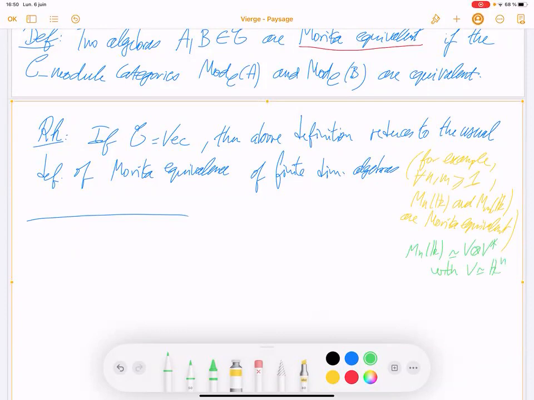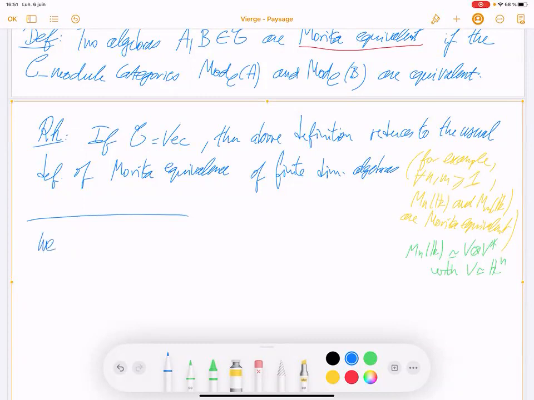So every such algebra is Morita equivalent to K. Similarly, every algebra of the form X tensor X star is Morita equivalent to 1. And so the algebra object X tensor X star is a kind of generalization of the matrix algebra.